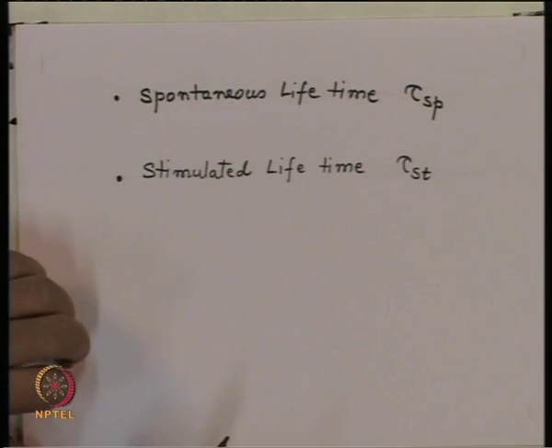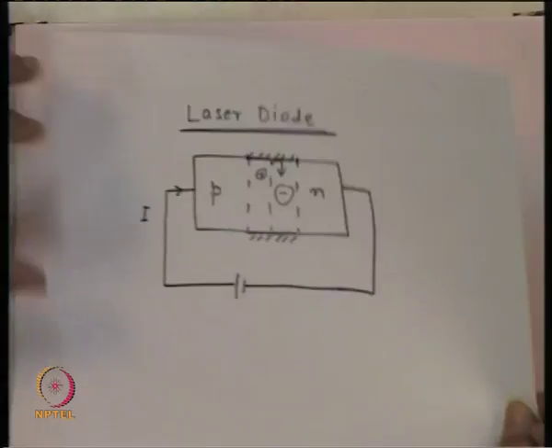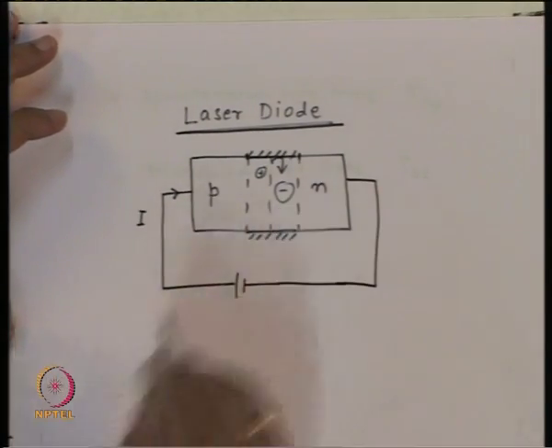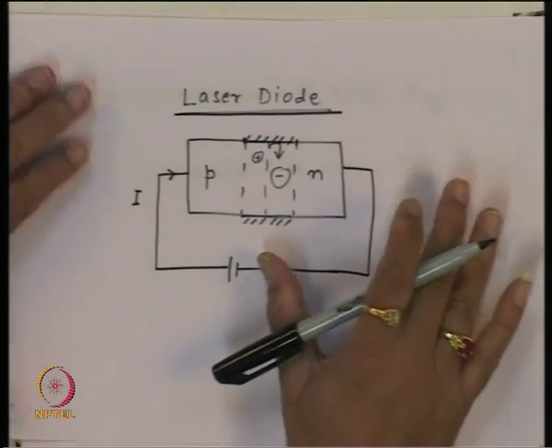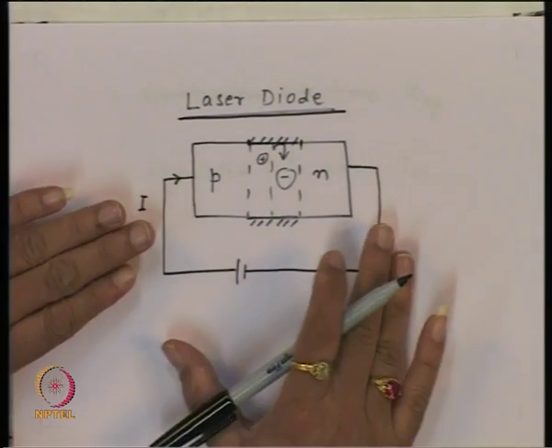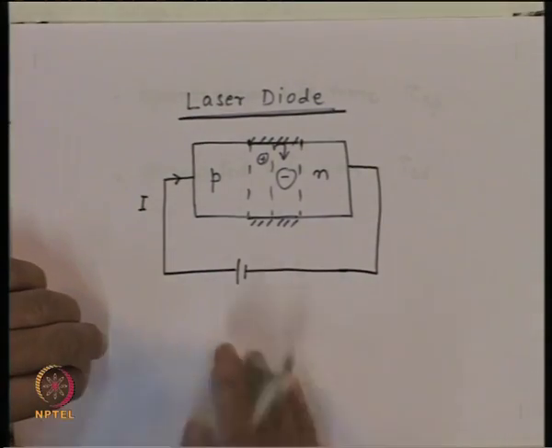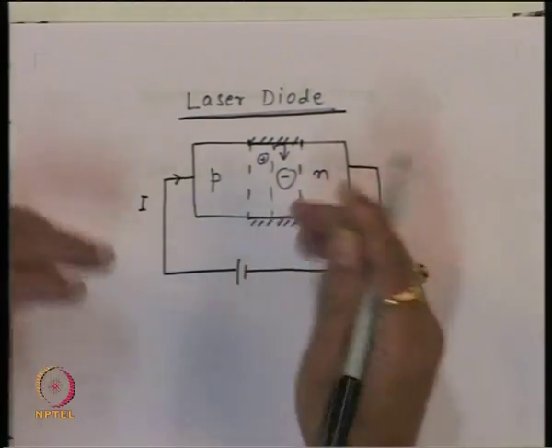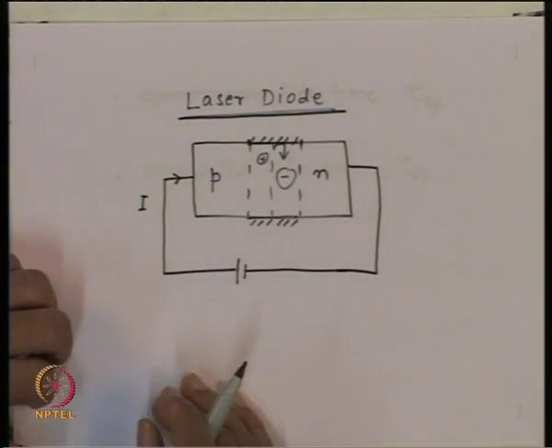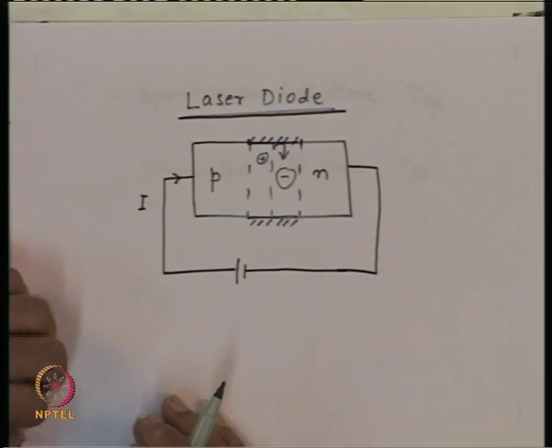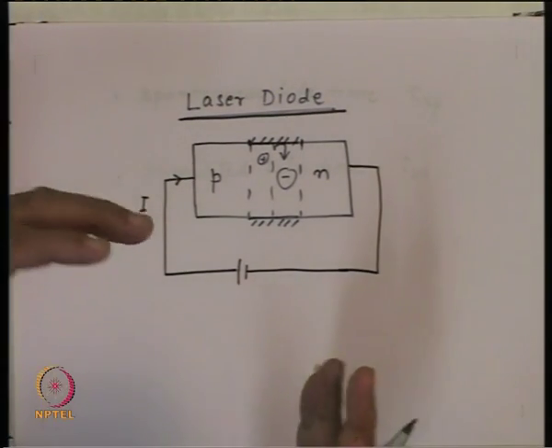The third lifetime is that once the photon is generated inside this, even if the carriers vanish, even if I stop the current in the external circuitry, unless the photon is lost from this region, either it is absorbed again inside the material or has left the cavity, we will not be able to change the photon flux.